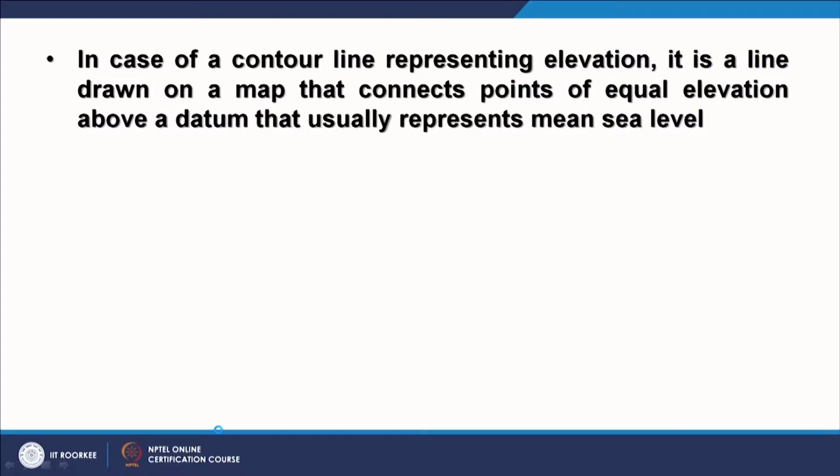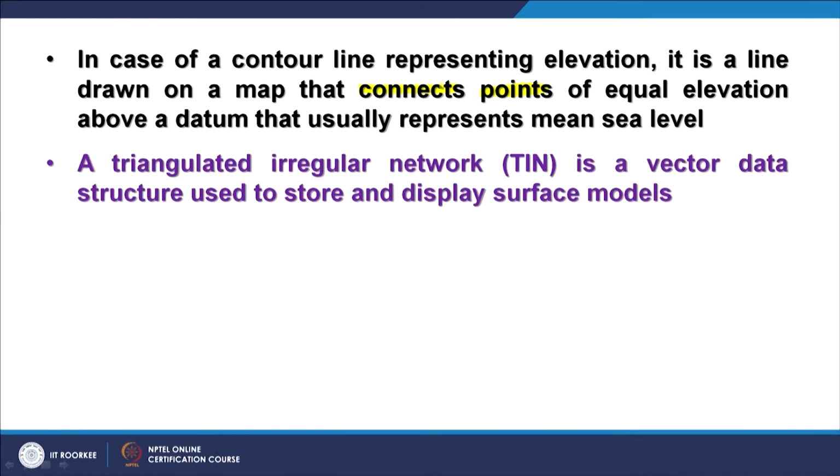If we are using contour lines representing elevation, then as you know, these lines are drawn using points, and these polylines basically connect those points of equal elevation or iso-heights. And generally, and we discussed this point in earlier lectures, elevation is measured above mean sea level.